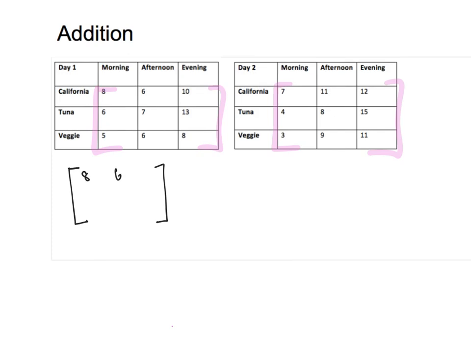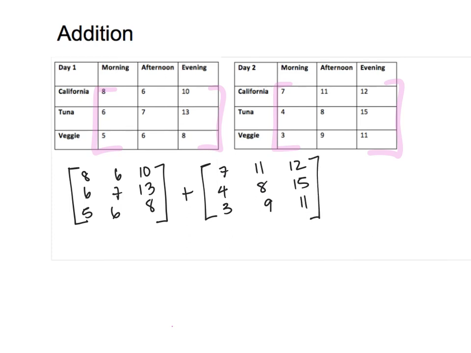So this is 8, 6, 10, 6, 7, 13, 5, 6, 8 for my first chart, day 1. And day 2, I have 7, 11, and 12 for California, tuna 4, 8, 15, veggie 3, 9, 11.